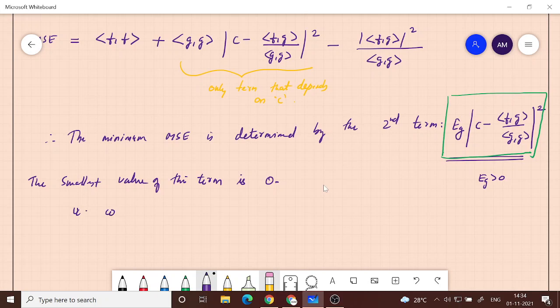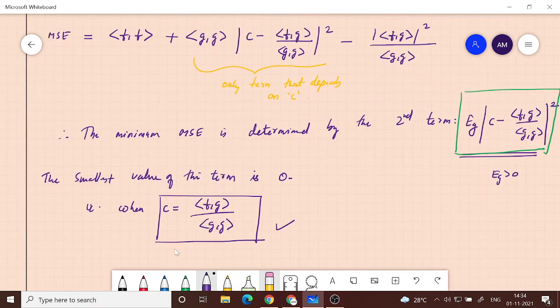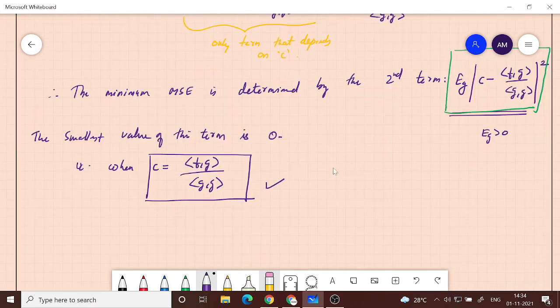That is when C is equal to F inner product G divided by G inner product G. So that is the result. We get the best value of C when C is taken as F inner product with G divided by the energy of the signal G. So we have completed the derivation.